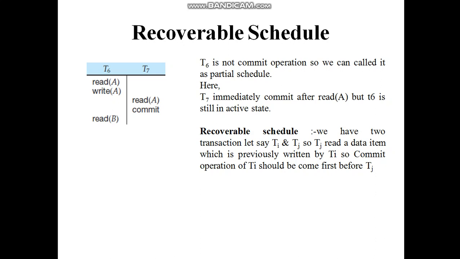When we say recoverable schedule, if we have two transactions, let's say Ti and Tj, and Tj reads a data item which was previously written by Ti, then the commit operation of Ti should come before Tj. Here you can see the T7 transaction commits before the T6 operation. So this is a non-recoverable schedule.